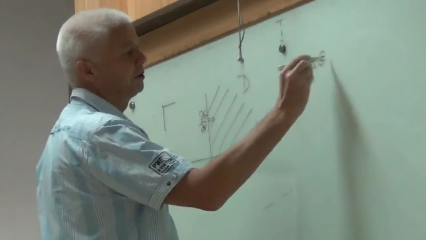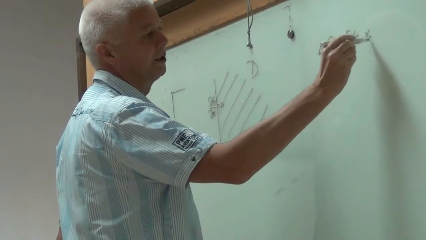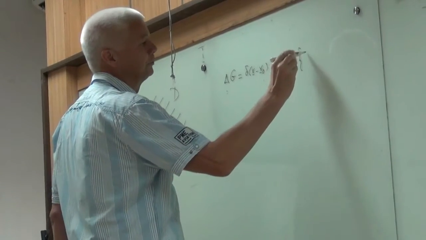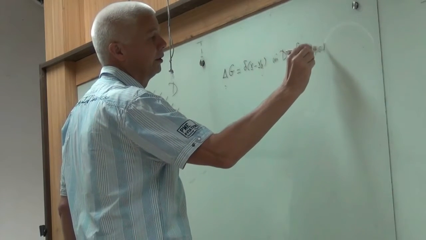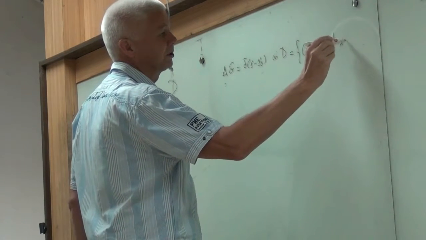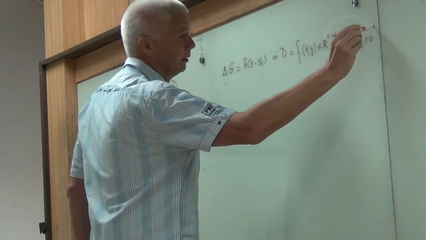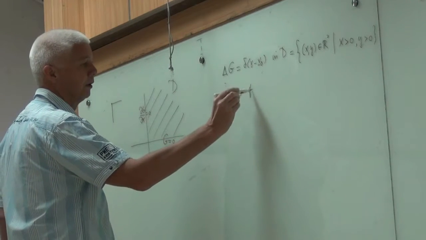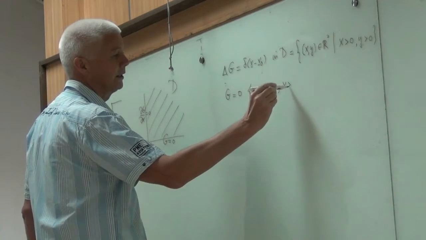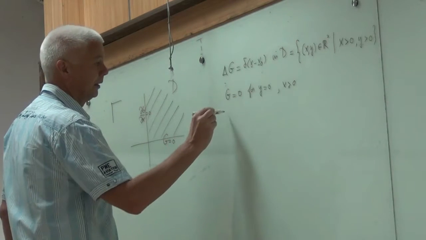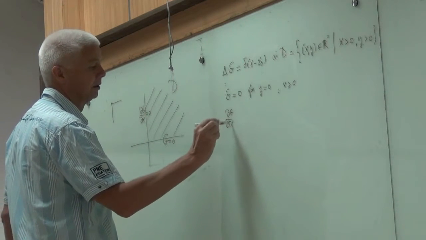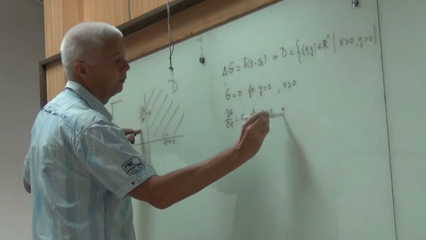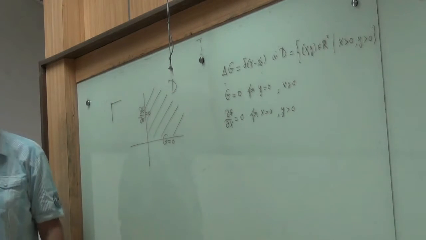And now I would like to determine Laplace g is delta(x minus x0) in D, and D are those x and y in R2 for which x is positive, y is positive, and I will have g is 0 for y is 0 and x positive, and dg/dx, that's also dg/dn of course, is 0 for x is 0 with y positive. Yeah, that's the definition.